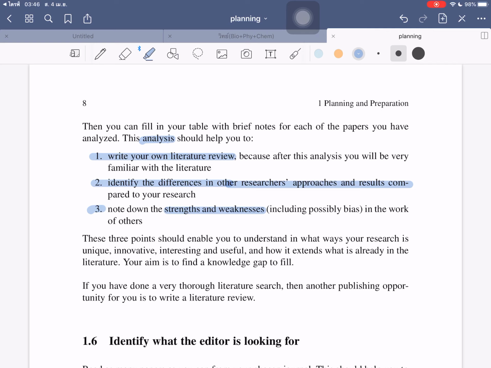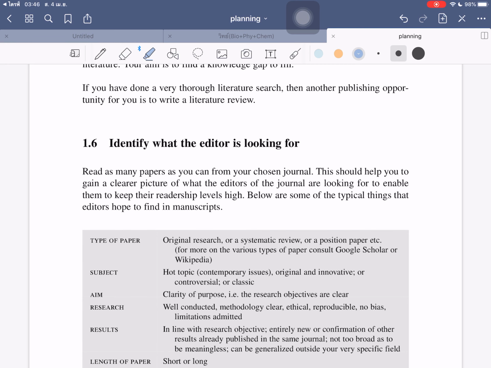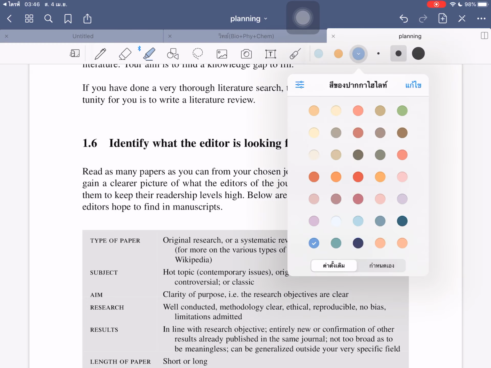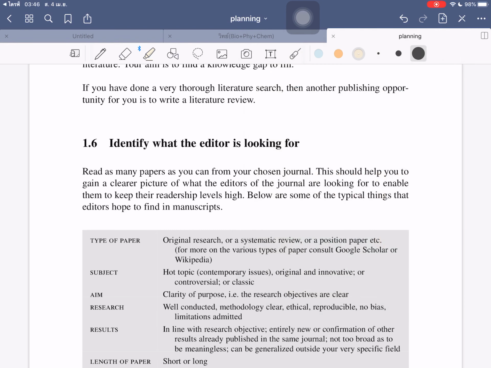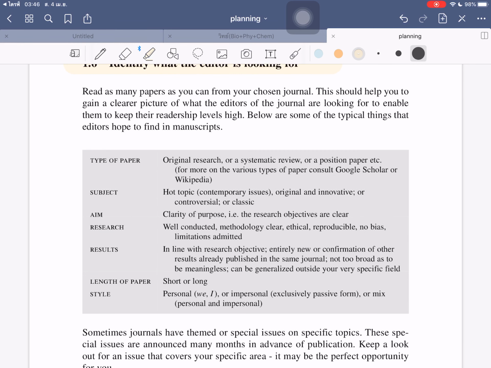All right, let me move on to 1.6. This section is talking about the editors. The editor is the person who makes the decision to accept or reject your paper.